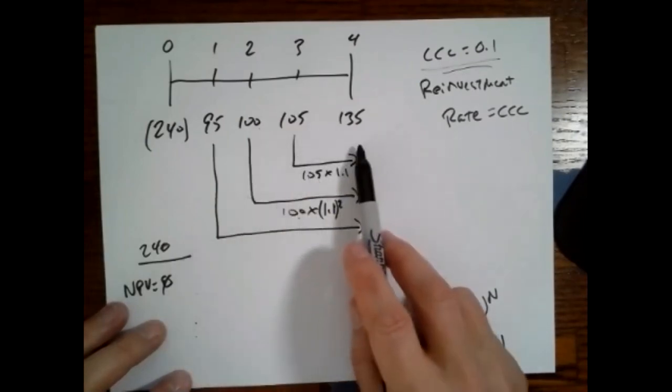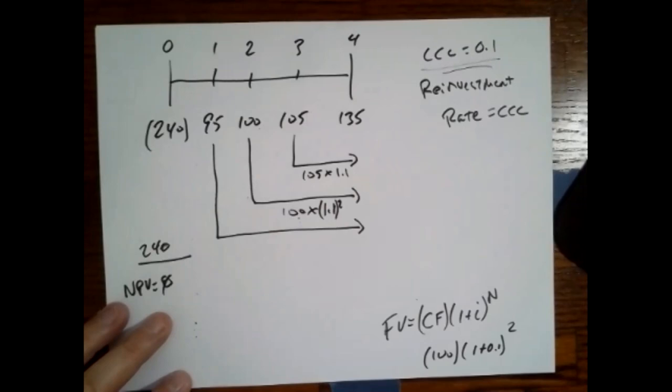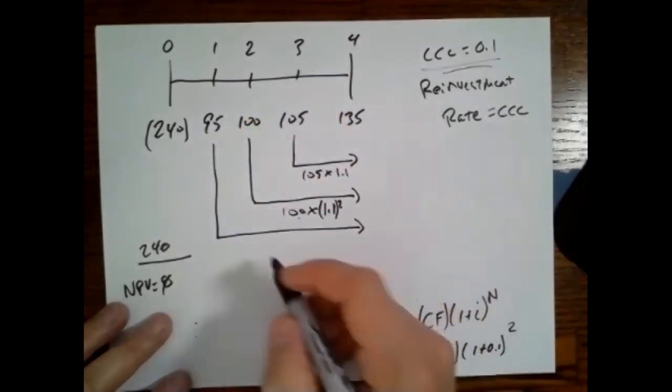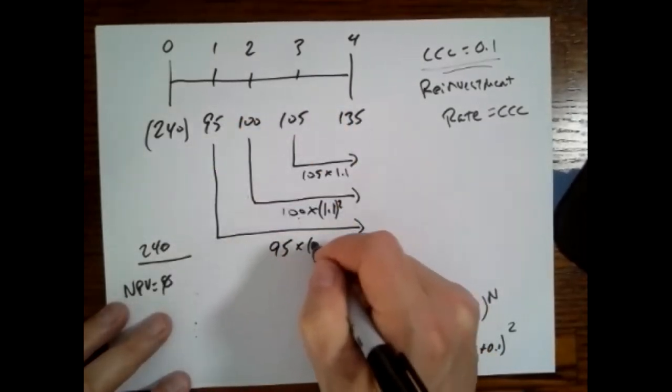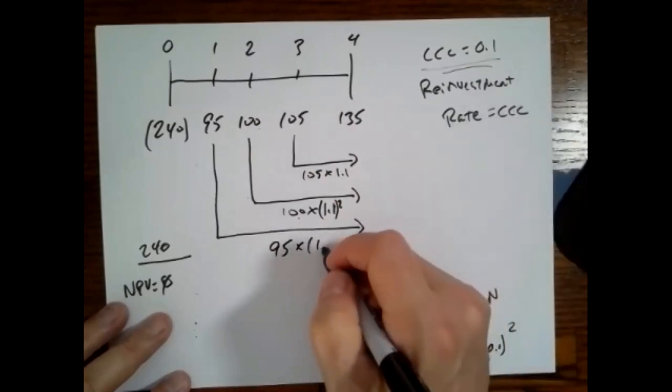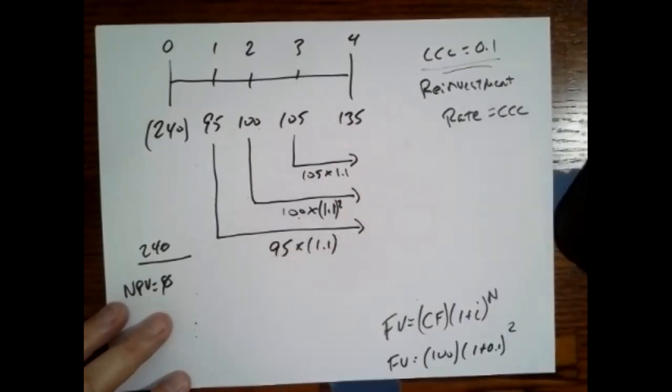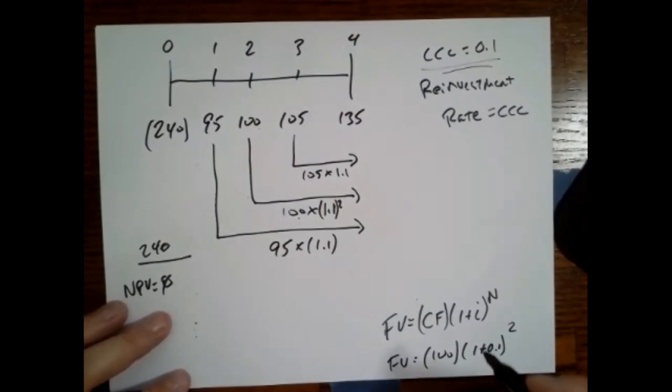So the future value is equal to 100 times 1 plus 0.1 squared. And then finally, for the third one, it's going to be 95 times 1 plus 0.1 to the what? Raised to the 3. Good.